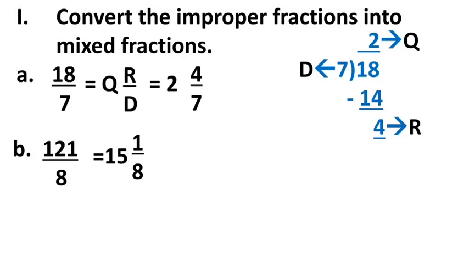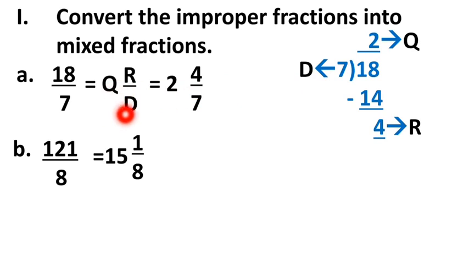Number 1. Convert the improper fraction into mixed fraction. 18 by 7 is equal to, you have to divide the value. 7 is the divisor, 18 is the dividend. You have to divide the value, you will get quotient 2 and remainder 4. 7 is the divisor.